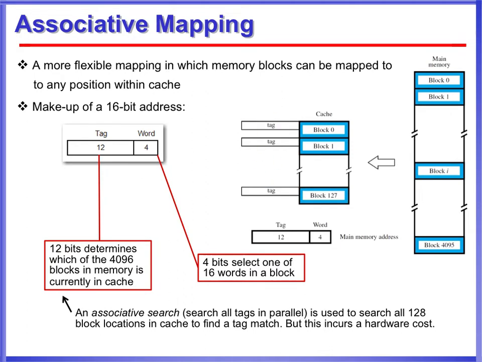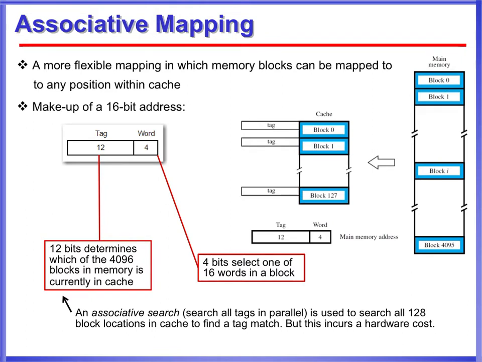So we use a tag for that, okay? But we don't need a block field here anymore, because any one of these blocks here could be in any of these blocks here. But we still need the tag field, so the other 12 bits, the most significant 12 bits, will indicate which one of these 4,096 blocks is currently in a position in the cache, right? Because 2 to the 12 will give you 4K.